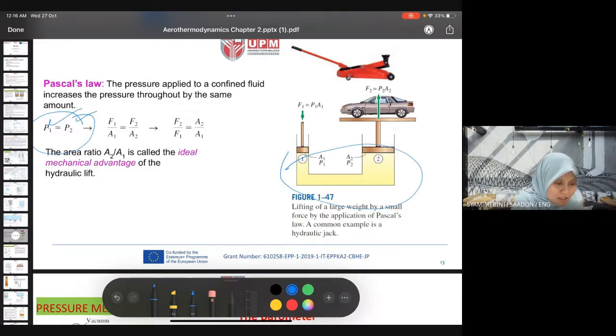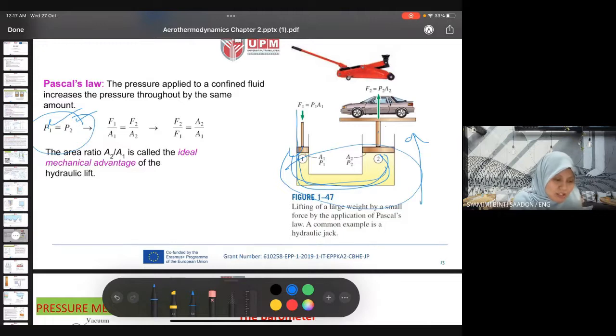If we apply P1 pressure here, the amount of pressure uplift at P2 will be the same as the amount of pressure that we apply at point 1, because it is in a confined space or confined fluid.